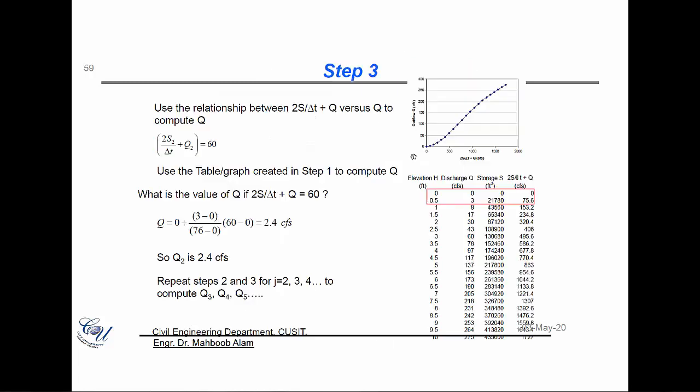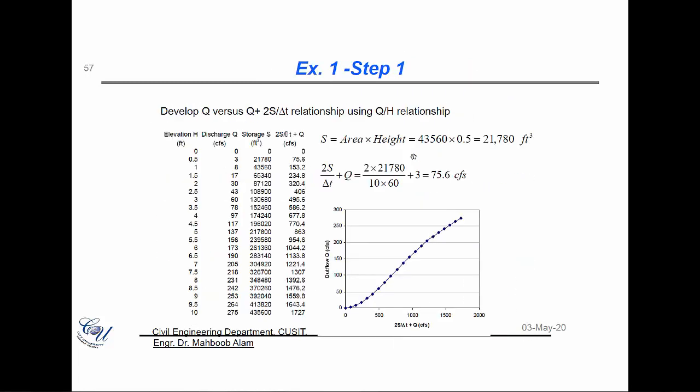So again I'm coming to this graph that I developed earlier. I'm trying to locate this 60 value here on the x-axis, and I'll see what the value is on the outflow curve. So for example, if I have a 1000 value, I'll locate 1000 here, and I'll see that the outflow is 150.